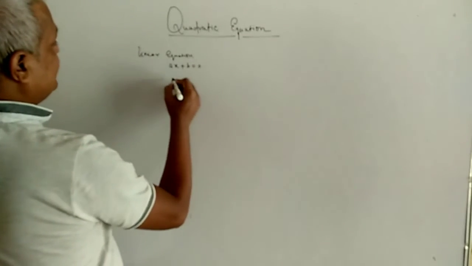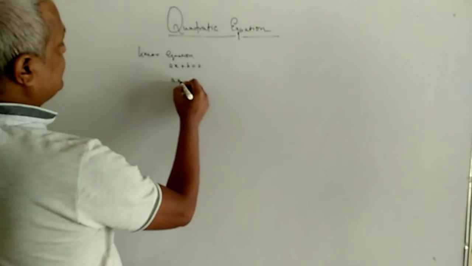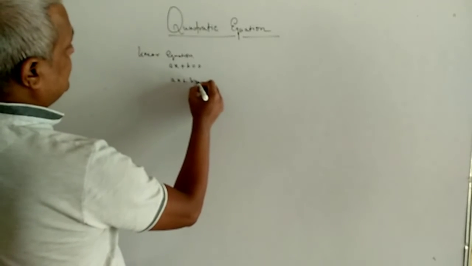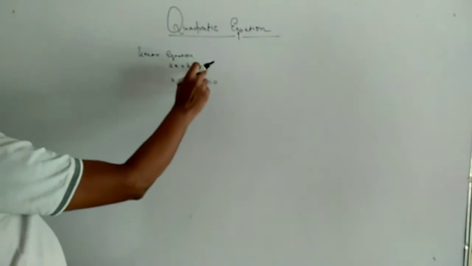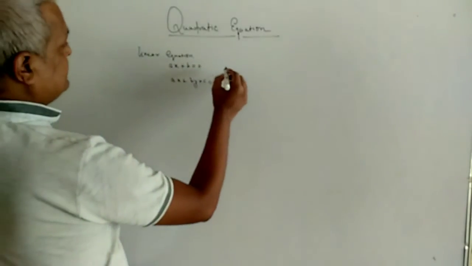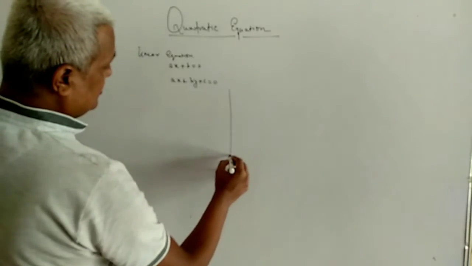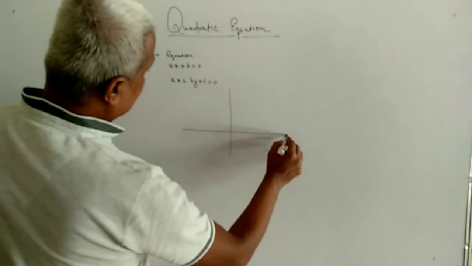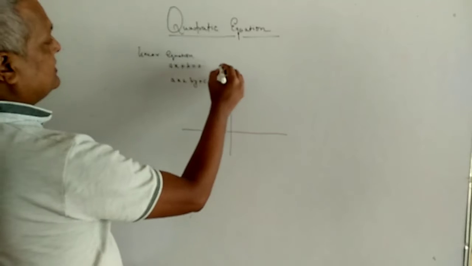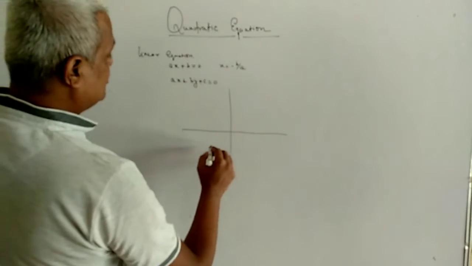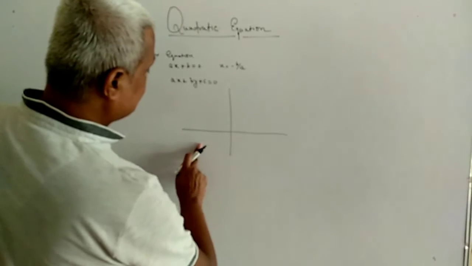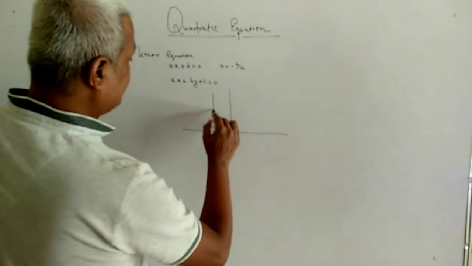If you have a linear equation with two variables, you can have an equation like ax plus by plus c equal to 0. If you plot this graphically, it will give you a straight line, and here x is minus b over a.